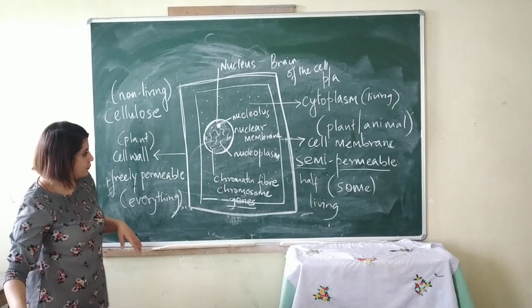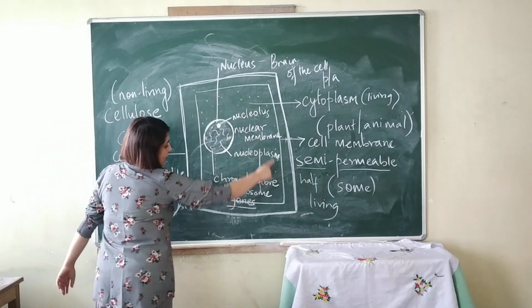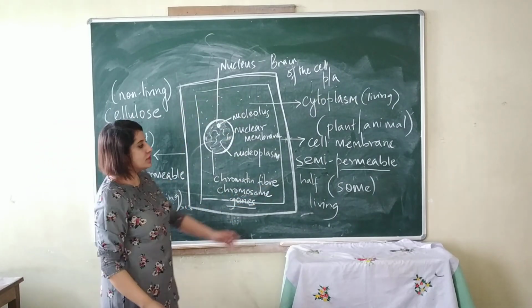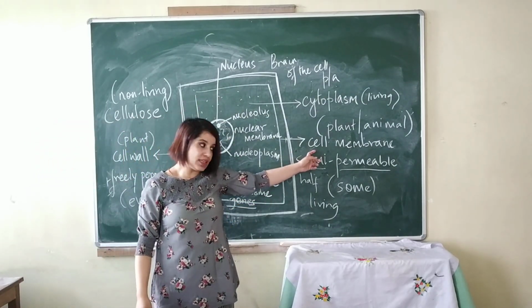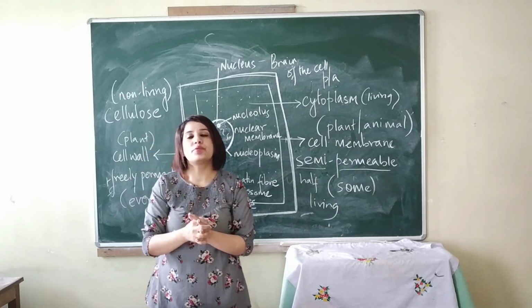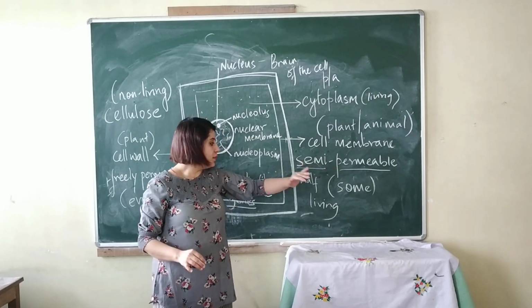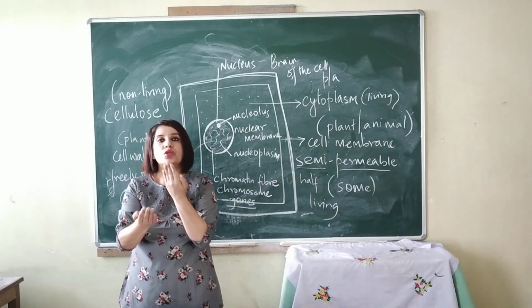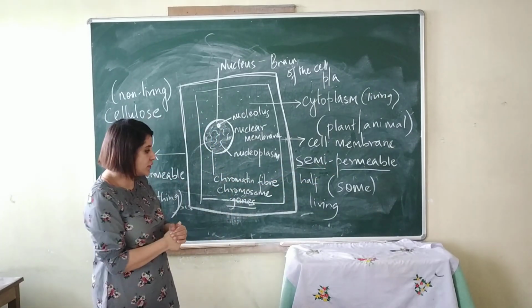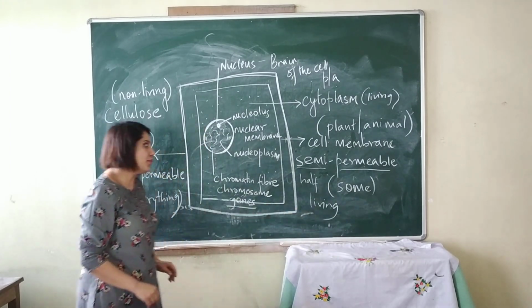So once more, the cell is surrounded by a membrane which is called the cell membrane. It provides protection and it is a semi-permeable membrane. That means it allows only some substances to pass through it. It is a living membrane.